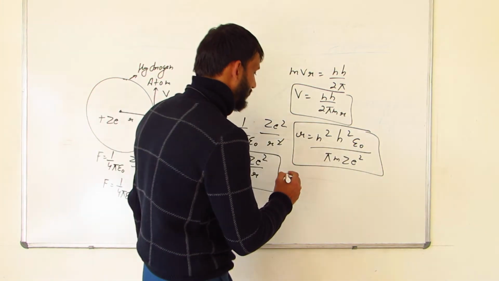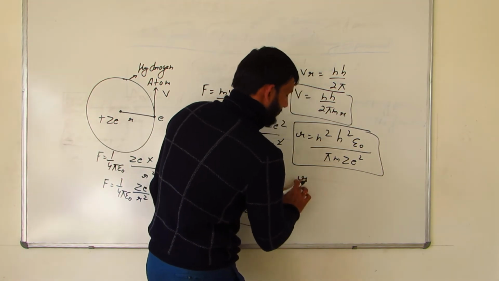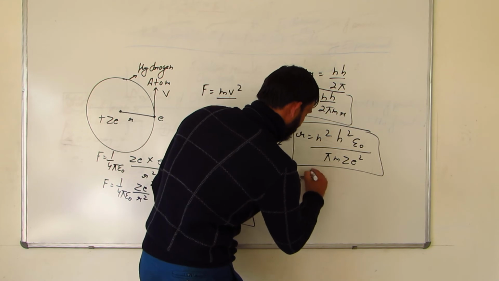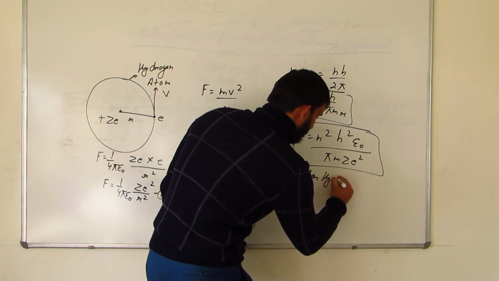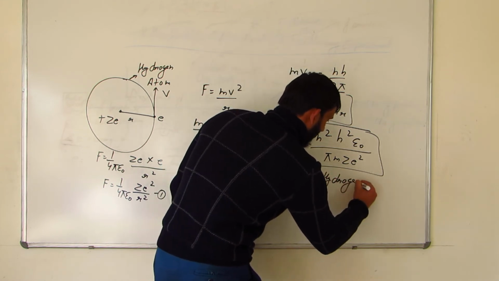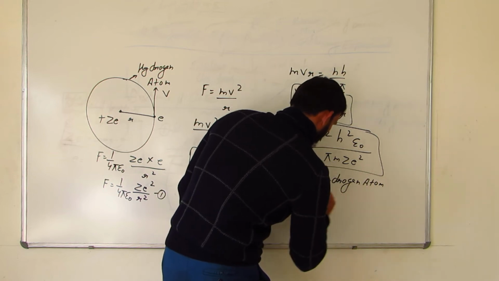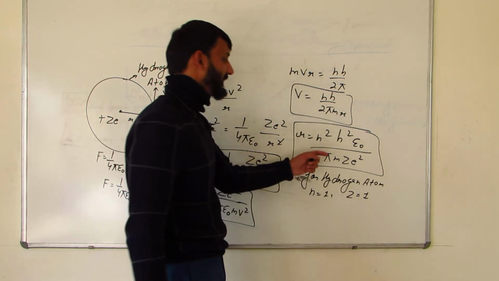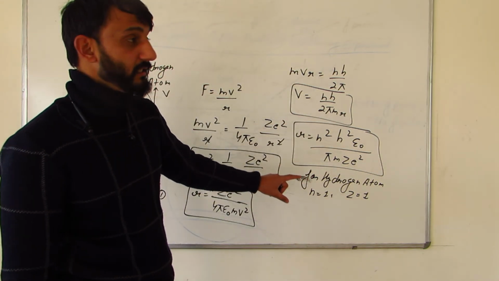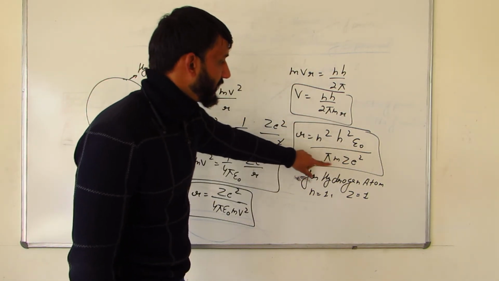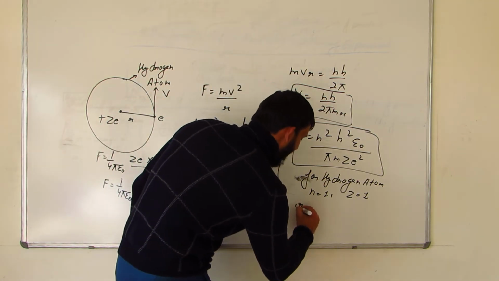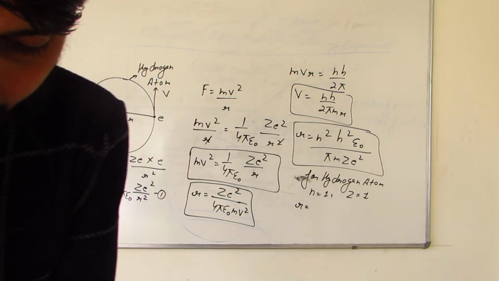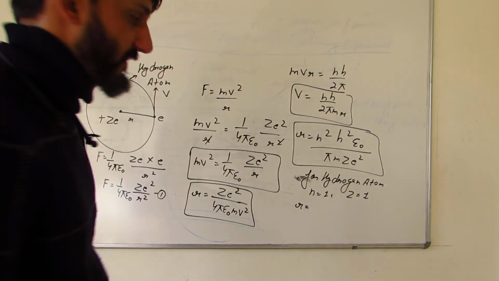So for the hydrogen atom, n equals 1, Z equals 1, and the rest is all constant. If I put in the values, the radius of the hydrogen atom comes out to be 0.53 angstrom.